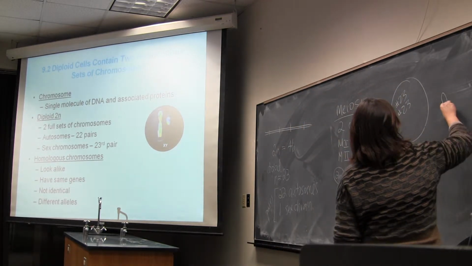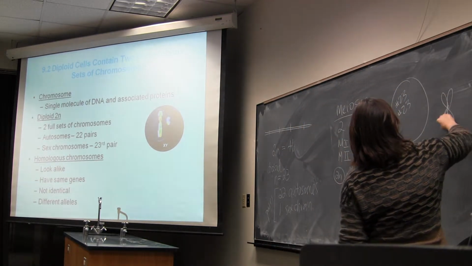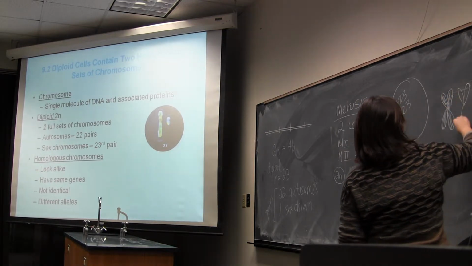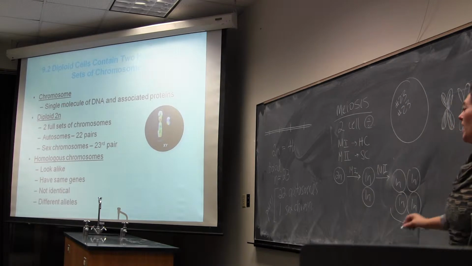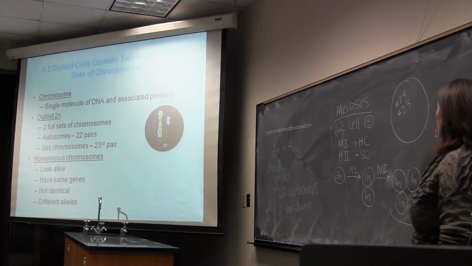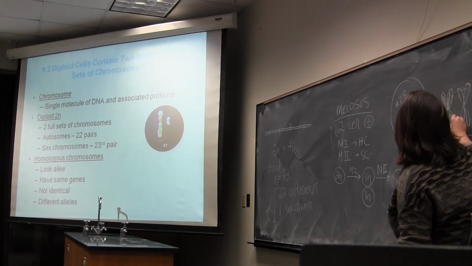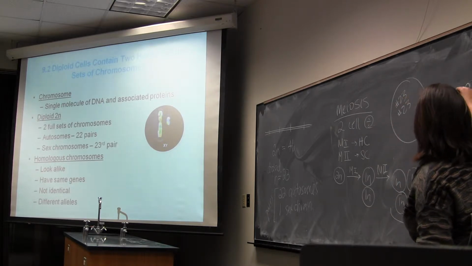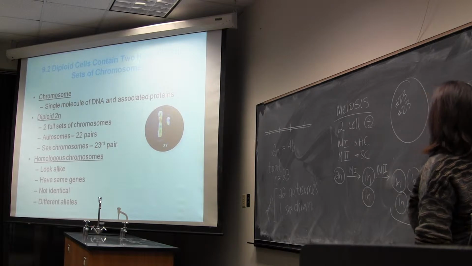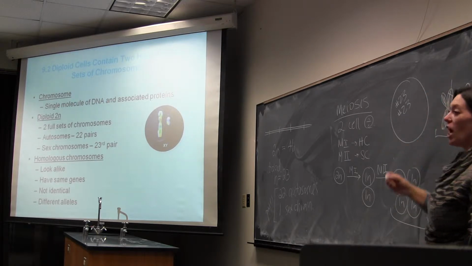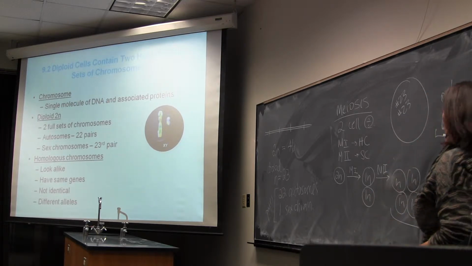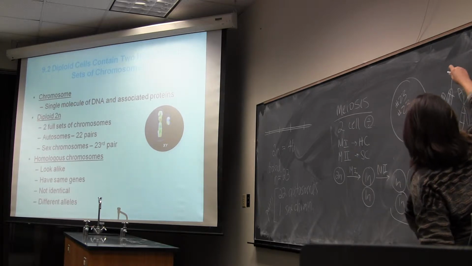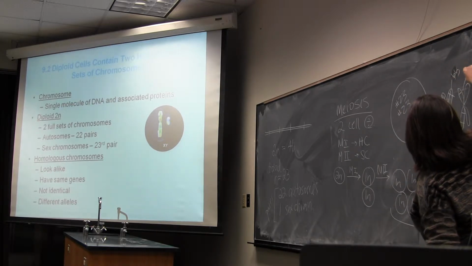So I'll be coloring in a lot of chromosomes today. And when you see something like this, that's a homologous pair of chromosomes. They have the same gene here versus here. They've got the same gene here and here. Same thing here. So for instance, this might be the gene for eye color. Your mom might have blue eyes, and your dad might have brown eyes.